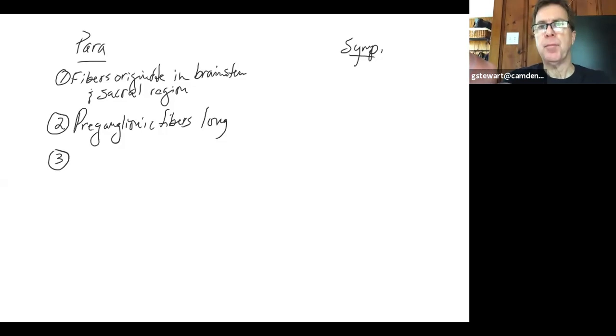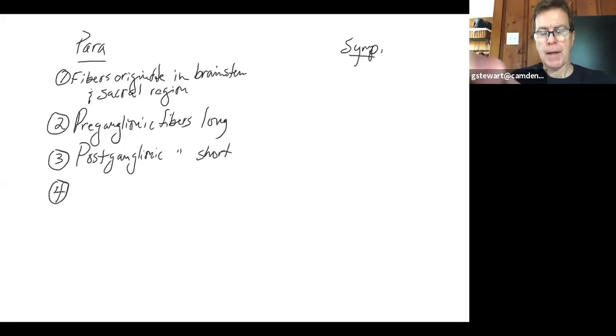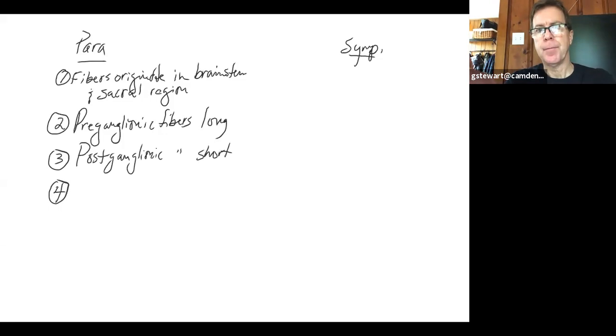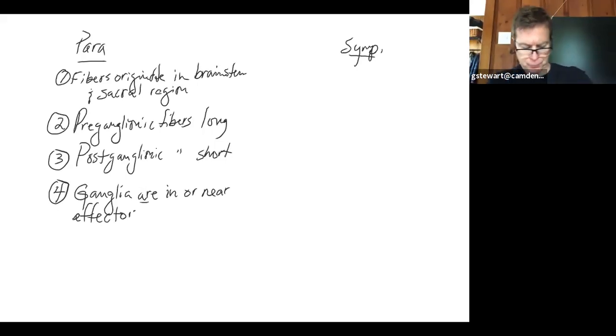Third, postganglionic fibers are short. And fourth, the ganglia, that means that synapse between the first fiber in the two-part chain and the second fiber in the two-part chain, are in or very near the effector organ. And so it's just going to be the opposite over here.